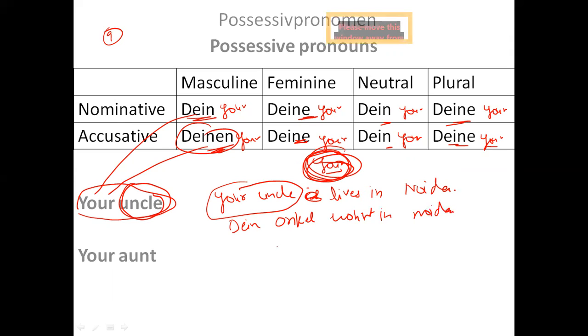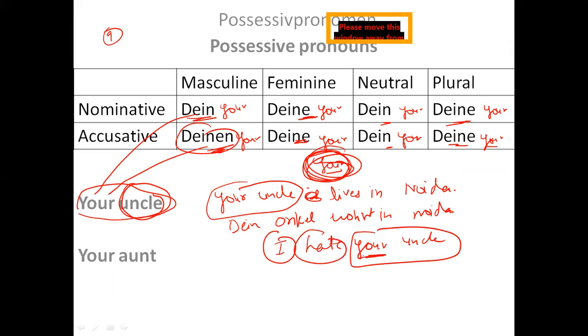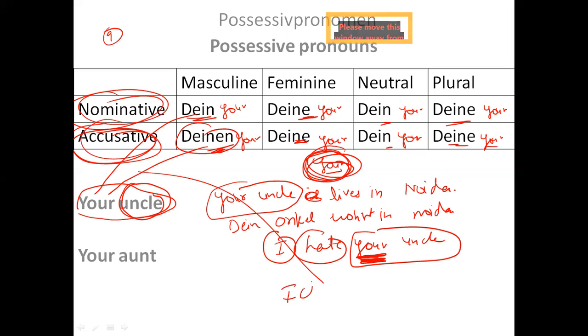But if I say I hate your uncle, here it is subject, it is verb, and it is an object. Hence, this your will be treated as accusative. This is nominative, subject. This is accusative. Hence, I will write ich hasse deinen Onkel.